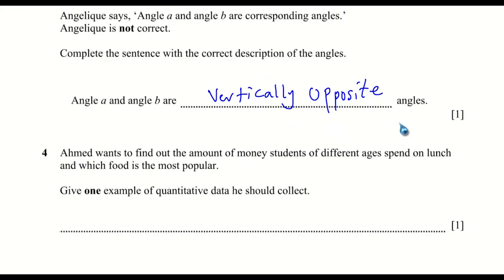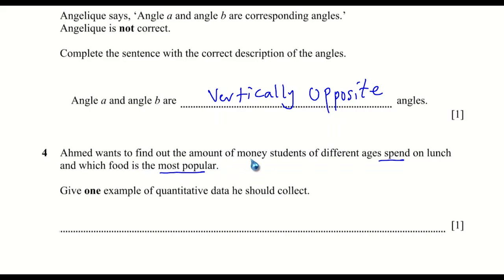Question 4. Ahmed wants to find out the amount of money students of different ages spend on lunch and which food is the most popular. Give one example of quantitative data he should collect. So this question deals with amounts of money spent, the most popular food, and the age as well.